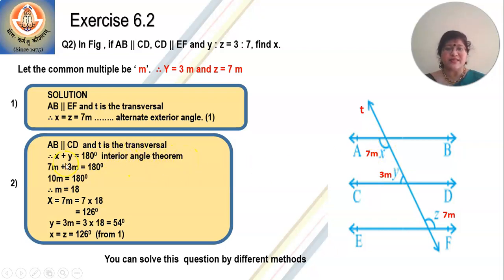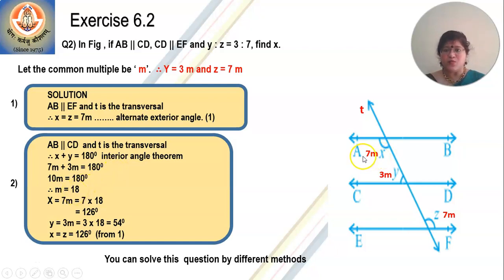So either you write X plus Y equal to 180 because of interior angle theorem, or you could also mention just interior angles. Substitute the value, you know that X is 7M and in this case Y equal to 3M. So 7M plus 3M is equal to 180, and when you solve it you get M equal to 18.